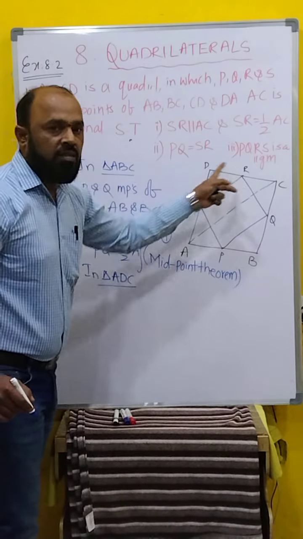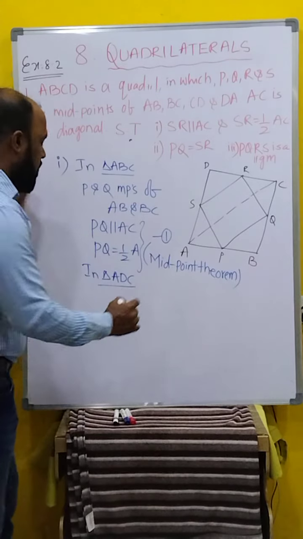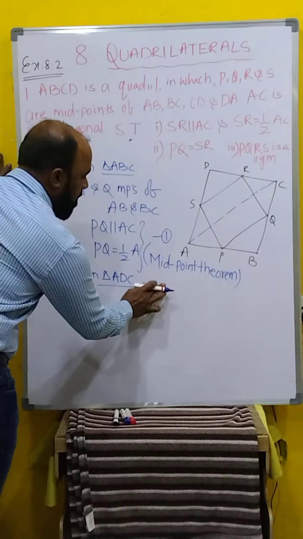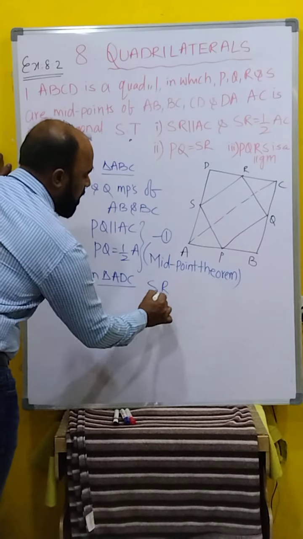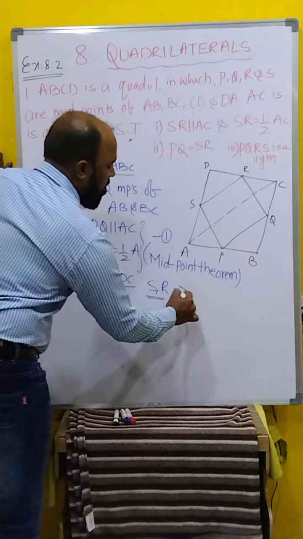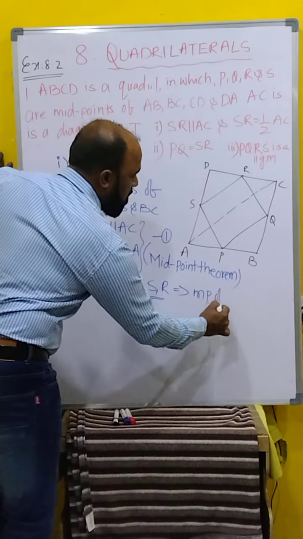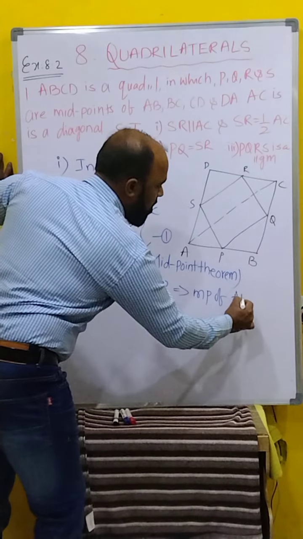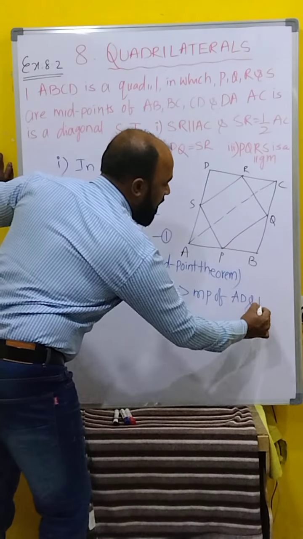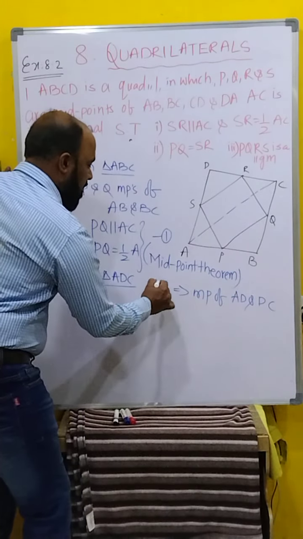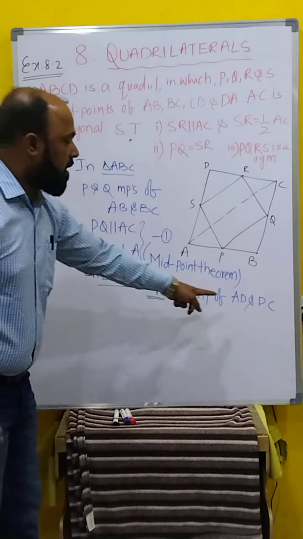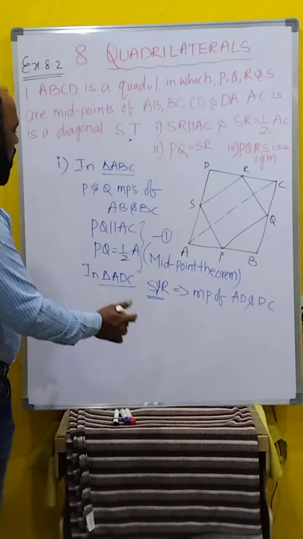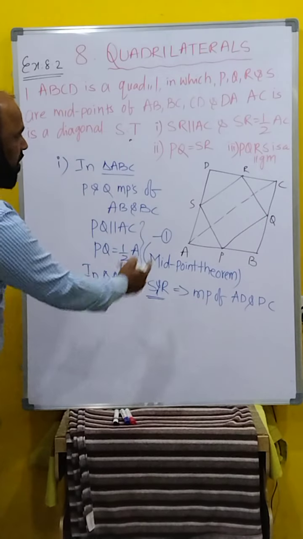S and R are midpoints of AD and DC. S and R midpoints of AD and DC. This one AD and DC. Clear children? Now again same way, like here, what is here?